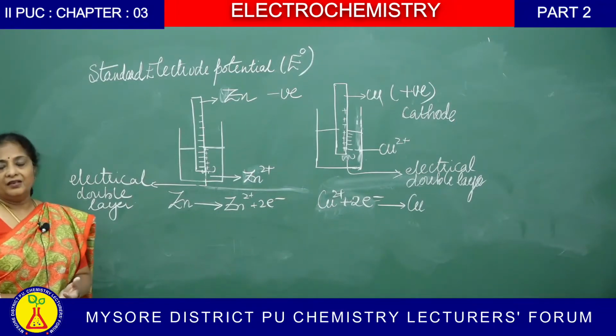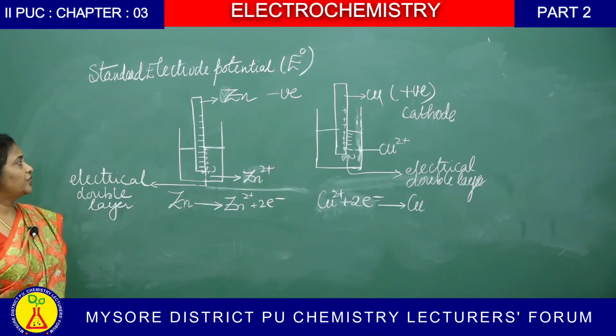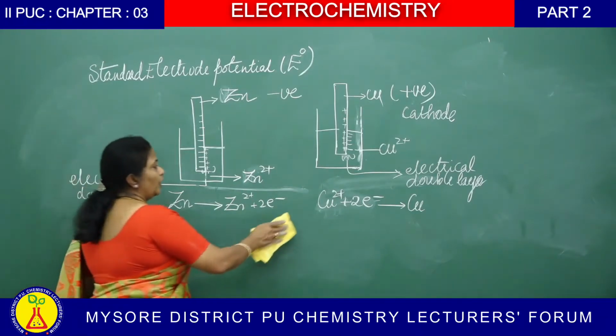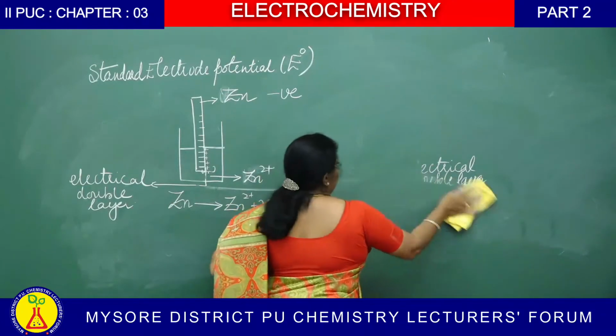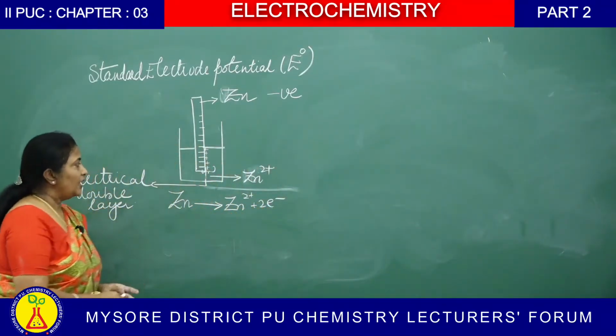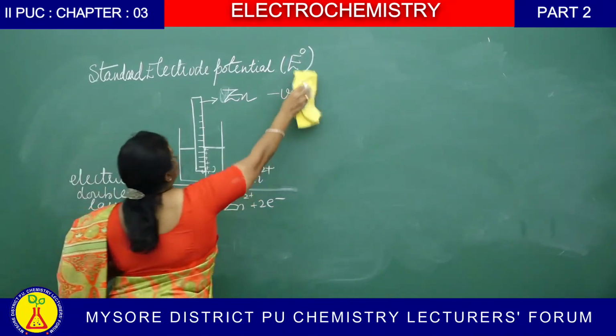With that in mind, let us discuss how to determine the standard electrode potentials of different electrodes. When you want to measure the electrode potential of zinc, what is the equation we are going to use here?